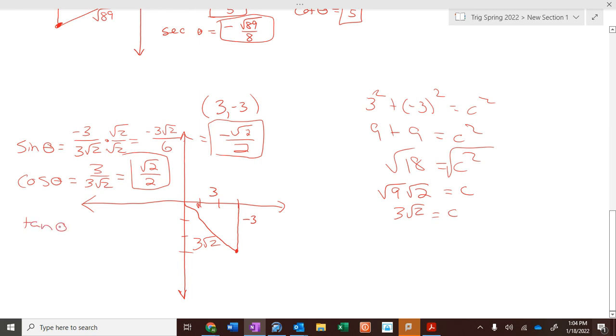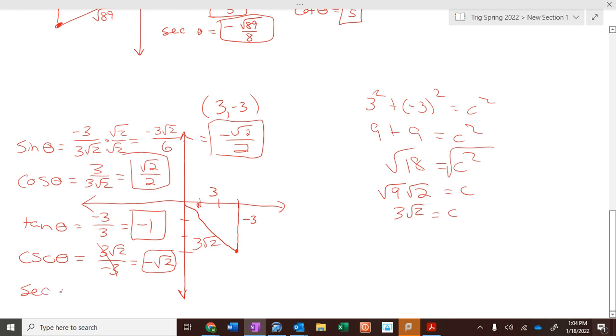Tangent of theta. -3 over 3, which is -1. Cosecant of theta. 3 square root of 2 over -3. The 3's cancel, so you get just negative square root of 2.